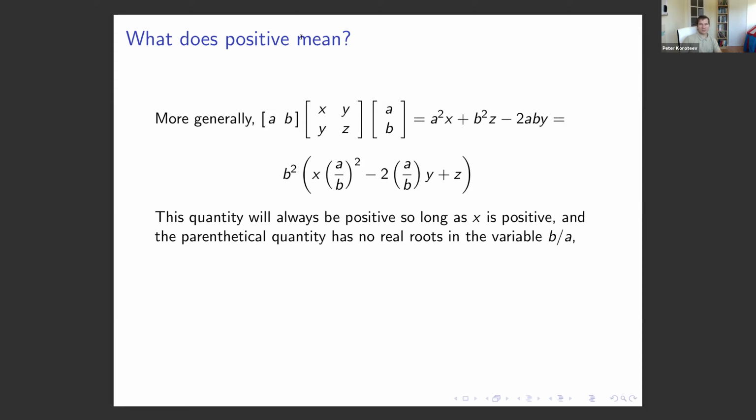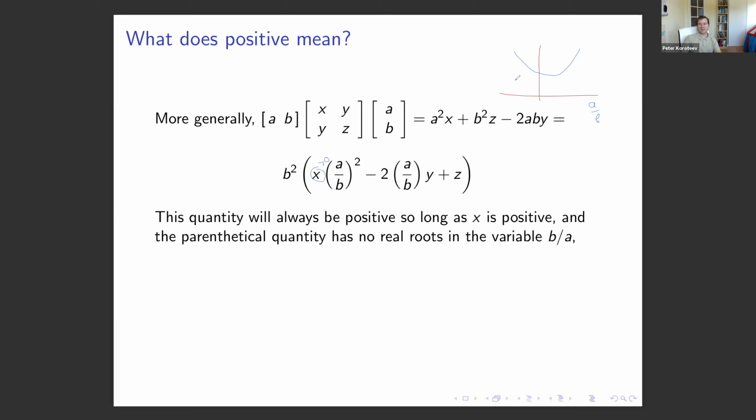So think of it like this. If you have a parabola, drawn as a function of the variable A over B, and x is the coefficient of the square, if it's positive, then the parabola will be pointed upwards. If it doesn't have any real roots, then it's always positive.